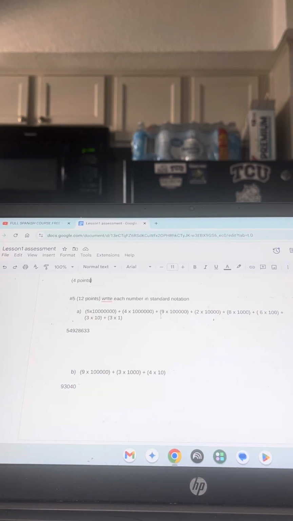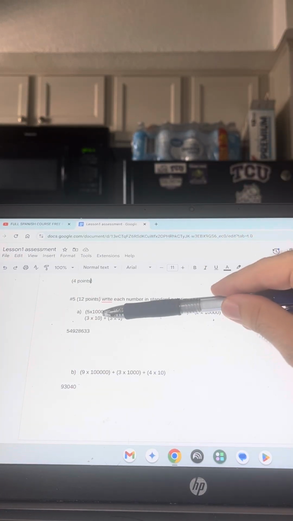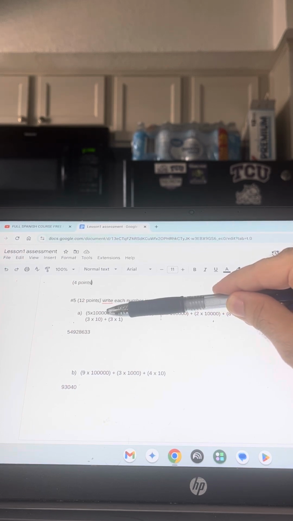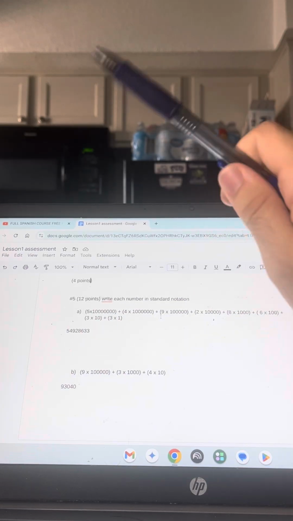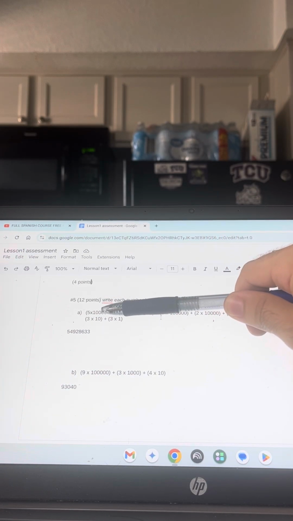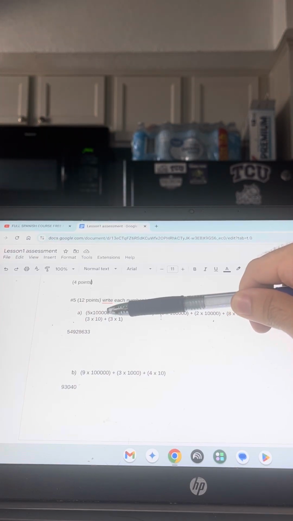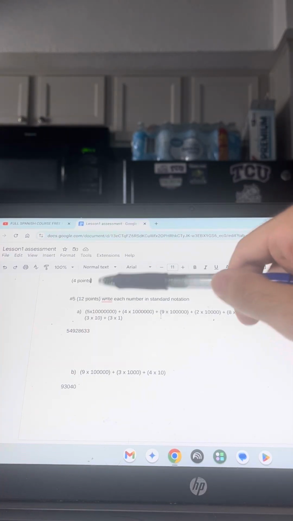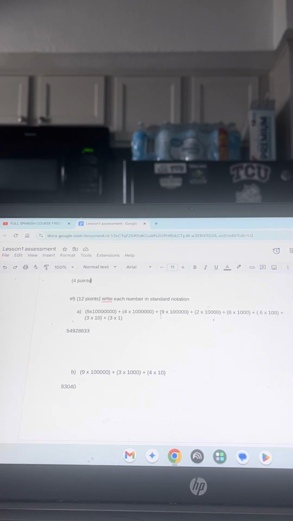Let's cover up the 0 just to make it easier. 5 times 10, 5 times 100, 5 times 1,000, 5 times 10,000, 5 times 100,000, 5 times a million, 5 times 10 million. So the 5 should be in the 10 millions place.